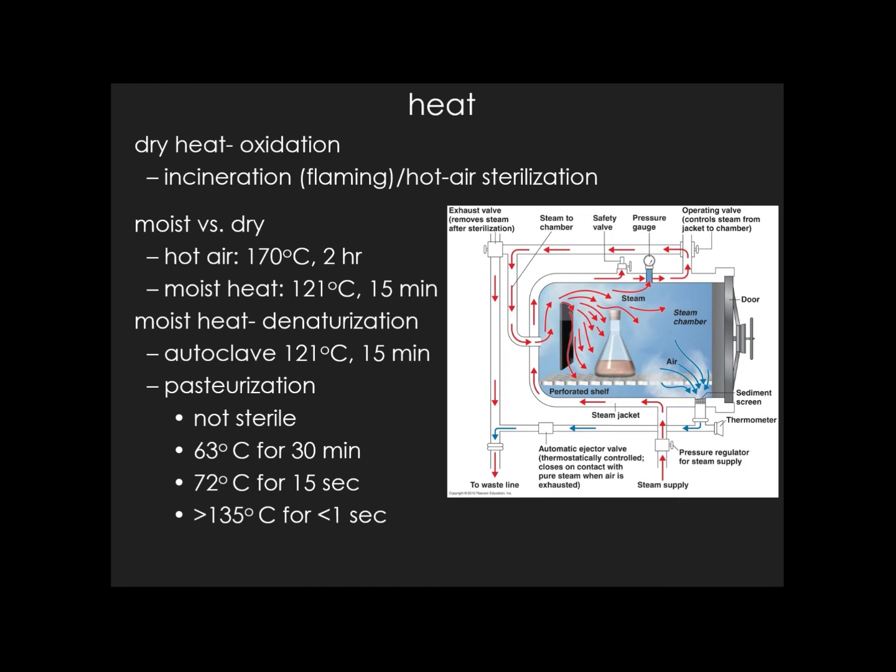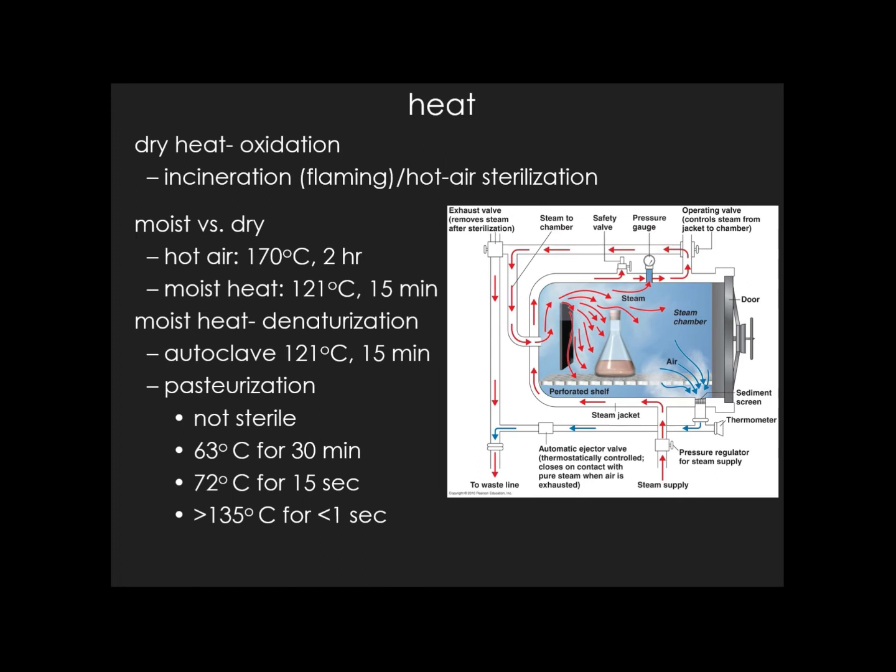And just as a comparison, if you want to sterilize something using hot air, you have to heat it to 170 degrees Celsius for 2 hours. If you utilize moist heat, you only have to heat it to 121 degrees for 15 minutes. So it's a much faster and lower temperature that's required in order to sterilize with moist heat.